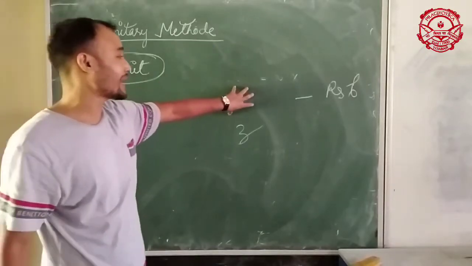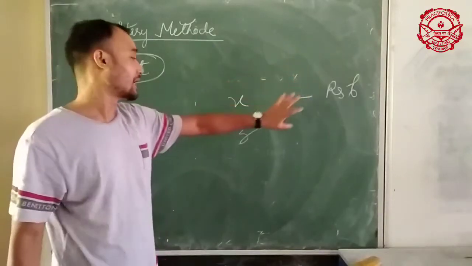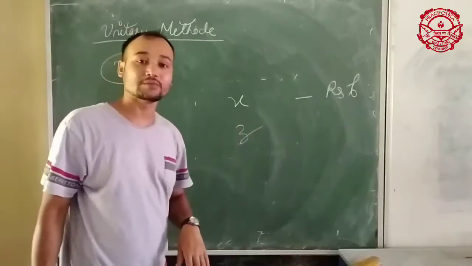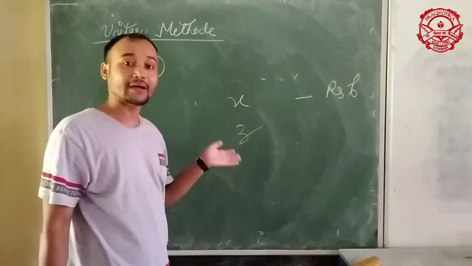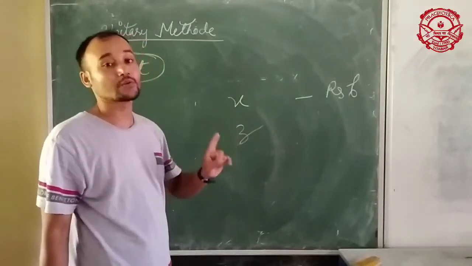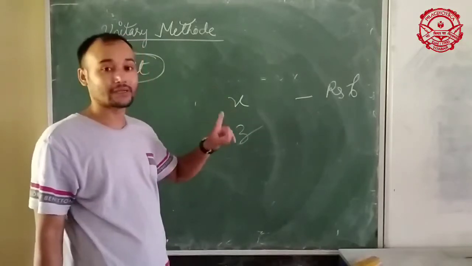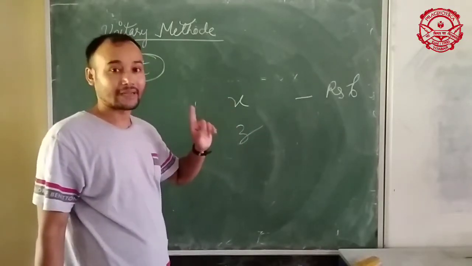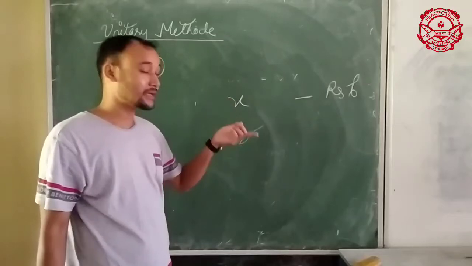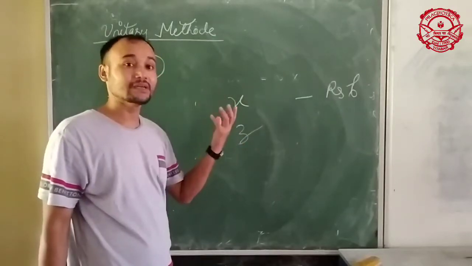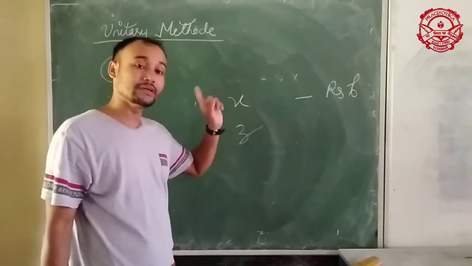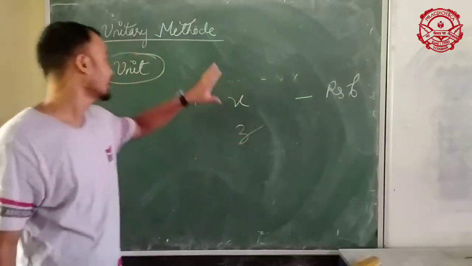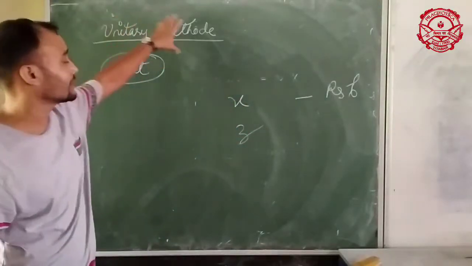See, the cost of X mangoes is B rupees. I need to calculate the cost of Z mangoes. What do I do? I try to calculate the cost of the unit mango, that is one mango. That's why in this process we first calculate the value of one unit quantity, and that's why the term unitary method.